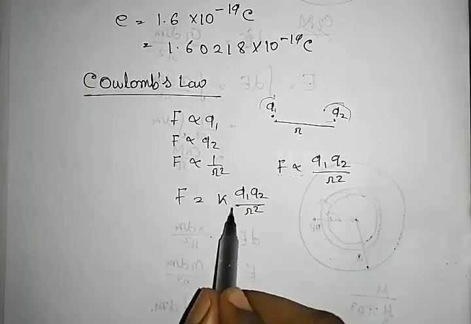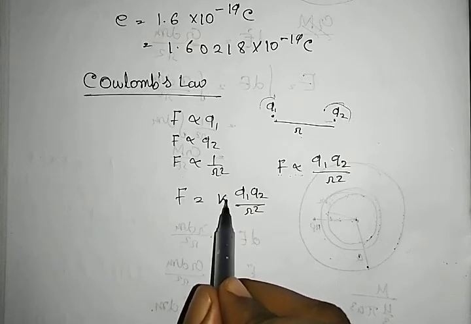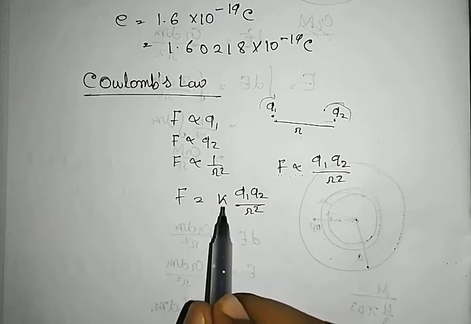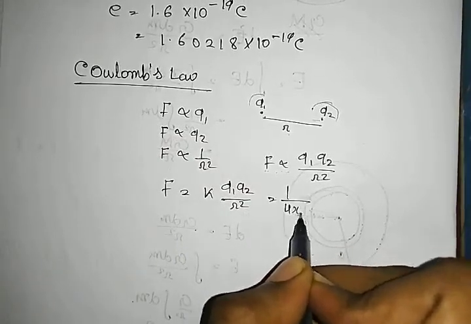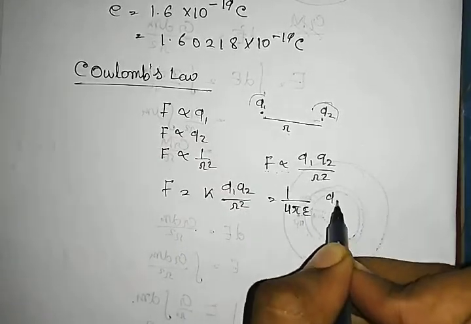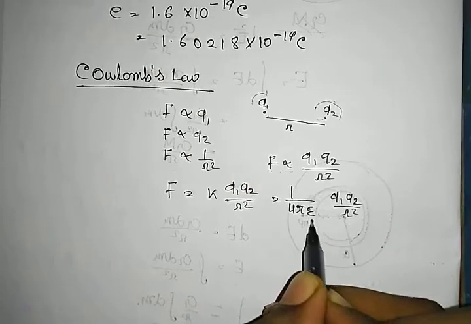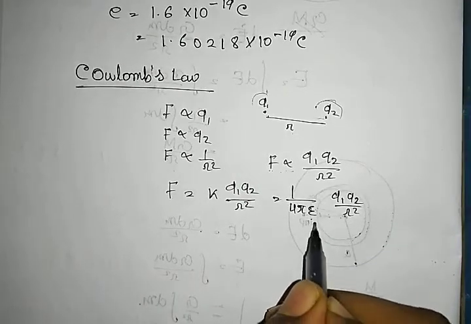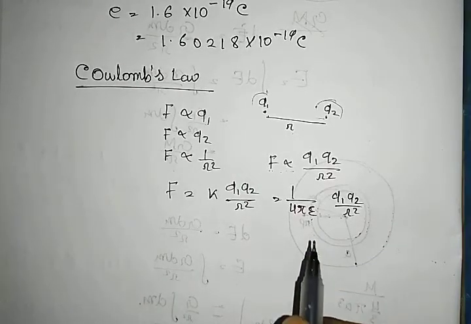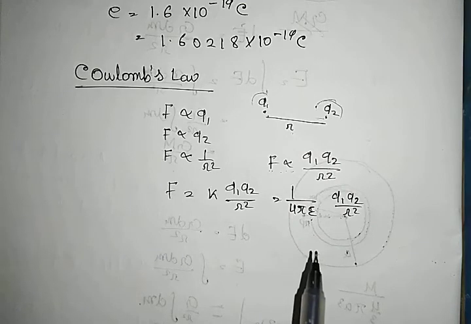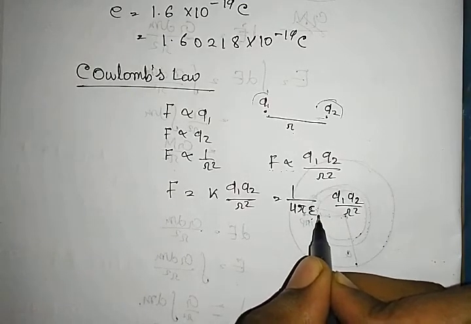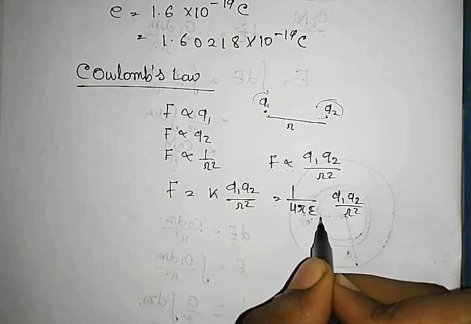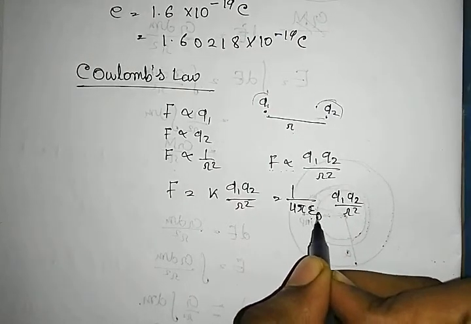Now this k is replaced by a specific constant, and that is written as 1 by 4 pi epsilon, times q1 q2 by r square. This epsilon is called the permittivity of the medium, and since we will be taking most of our discussions in vacuum, we'll use the permittivity of vacuum, and we'll write this as 1 by 4 pi epsilon 0.